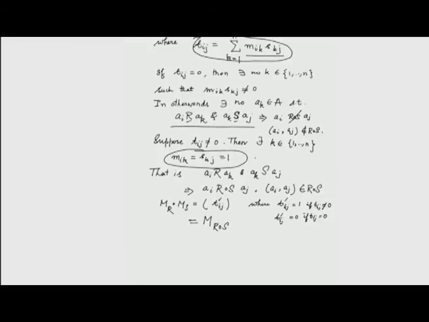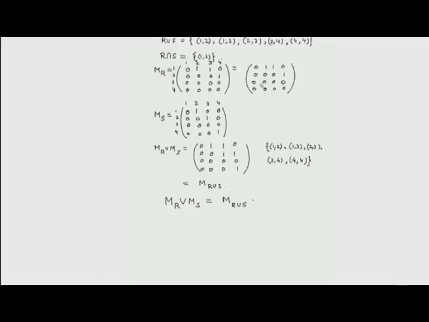Let us look at an example of this composition rule. So, let us again go back to the matrices that we were talking about here. As you can see, M_R is this and M_S is this matrix.